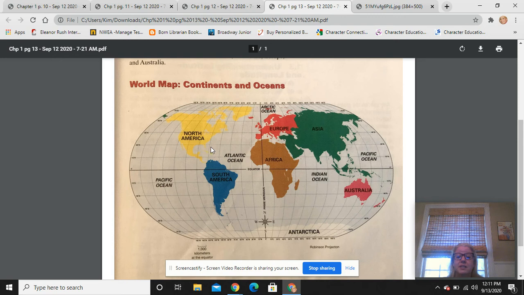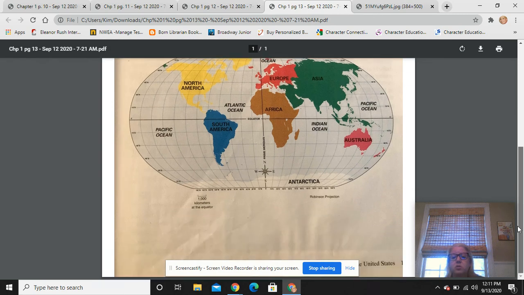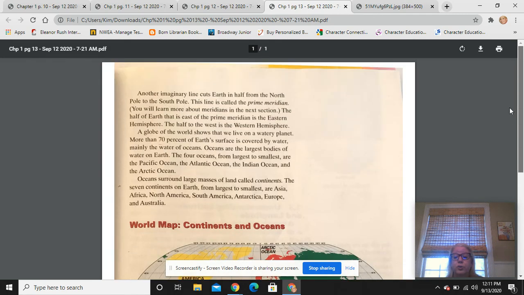If you recognize this, it's hard to see it, but there is Florida, kind of sticking out like a finger into the Atlantic Ocean. And that's the Gulf of Mexico over here. So that is a little introduction to geography and globes and hemispheres and a compass.